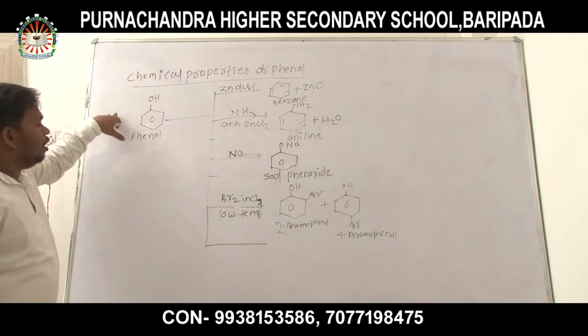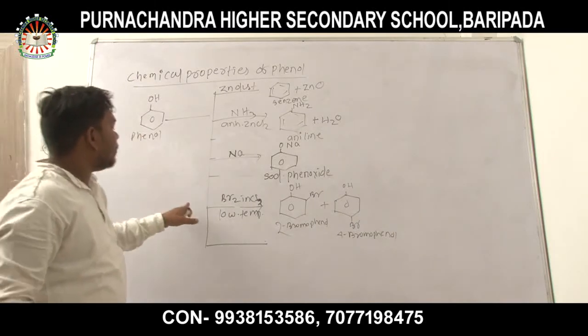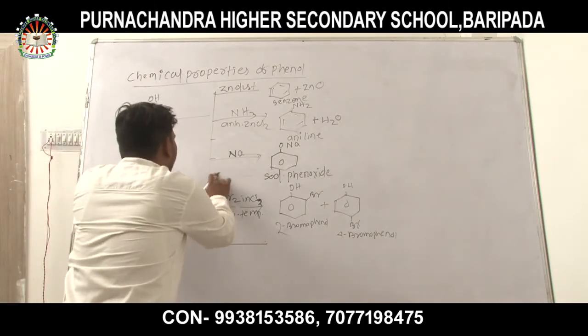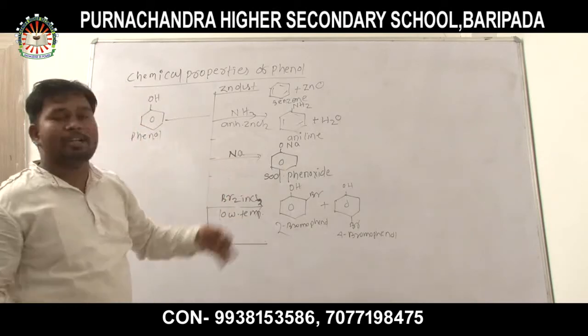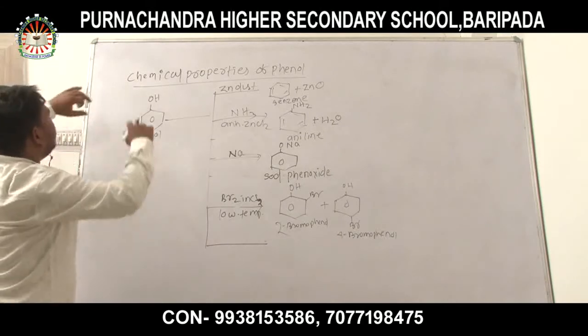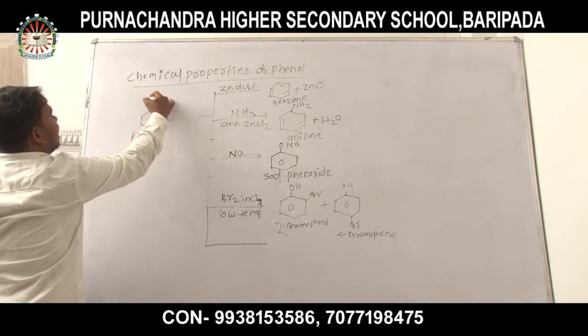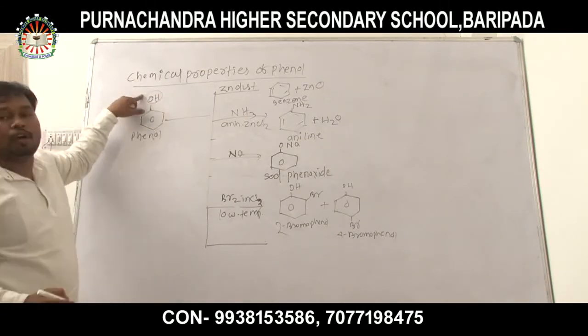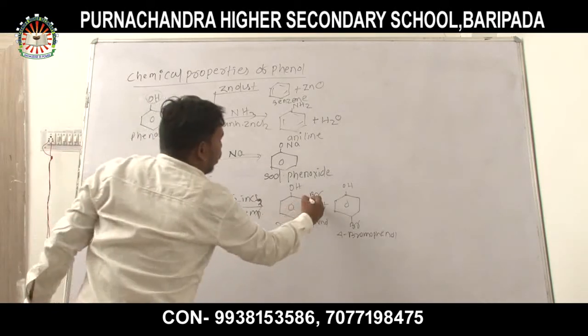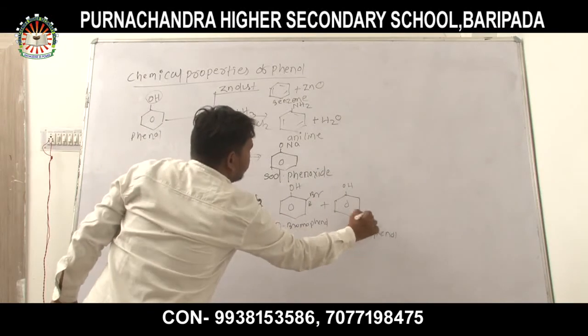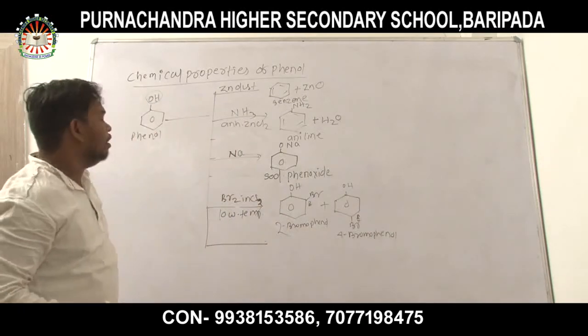Here, when phenol is treated with such a reagent, ortho and para isomeric products are formed, because in phenol the benzene ring is attached to OH, which is an electron donating group. So the incoming electrophile will attach at the ortho and para positions, and two isomeric products are formed.